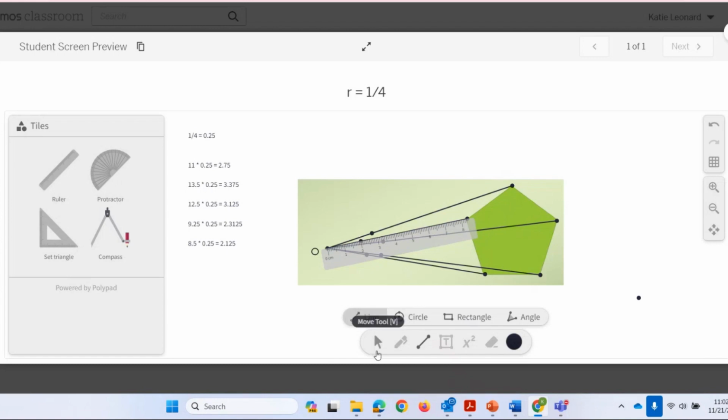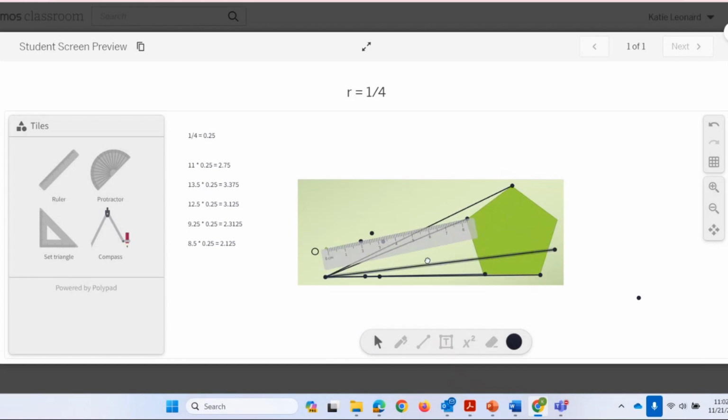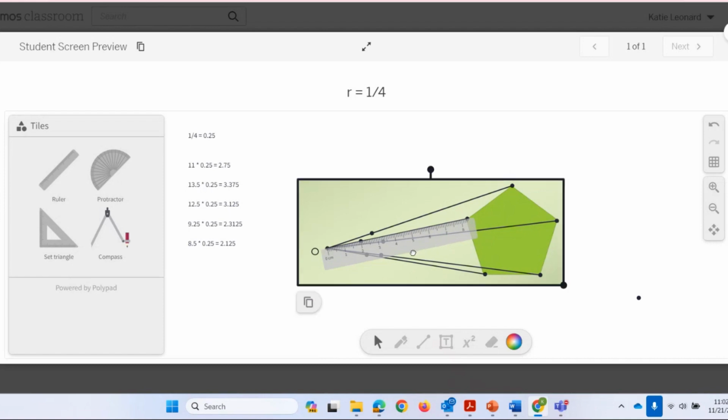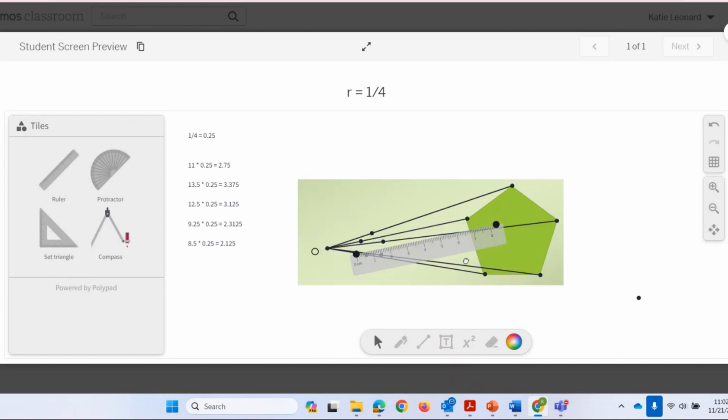All right, and now I'm going to move this ruler. And when I move my ruler, I can see that I have the 5 points of a pentagon here.